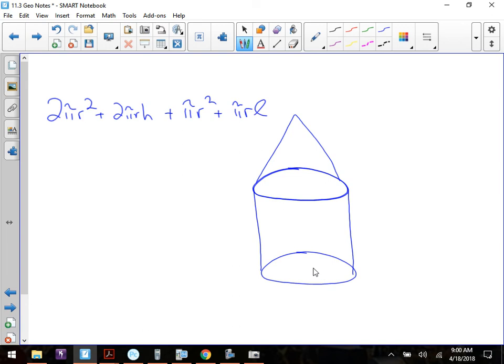There are two parts that are touching each other from the two shapes. The overlap. Okay? When you take a cone and put it on top of a cylinder, what's overlapped? Two circles. So what can't you wrap with paper? Two circles. So in here, where do you see two circles that you would not count?